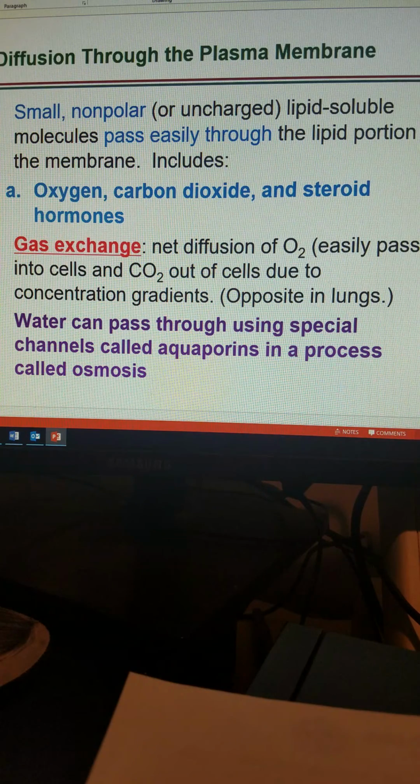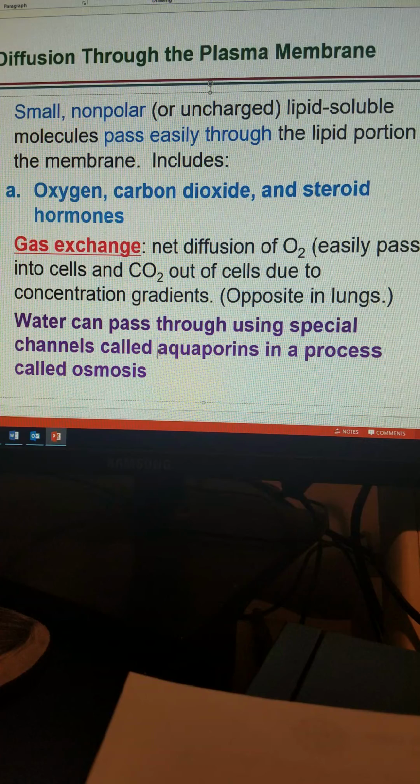The things in blue on your PowerPoint here are things that are going to pass easily through the cell membrane, or your plasma membrane. We do have gas exchange that happens at the cell, so we have CO2 and O2, and of course we want those to easily pass through the cell so that they can always keep high oxygen in their tissue. And number 3, water can pass through easily, of course, using something called aquaporins.